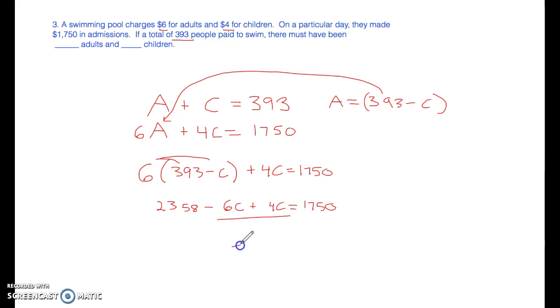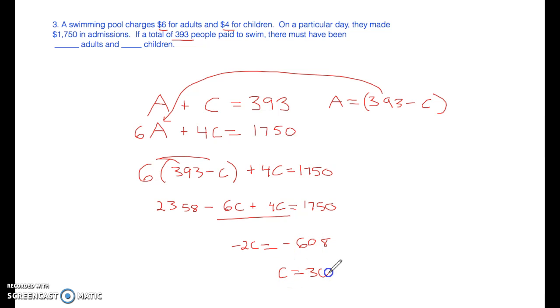So on this side, we're going to have negative 2C, and then subtract the 2,358 over to the other side, and we get negative 608. Then divide that by negative 2, and you should get C equals 304.